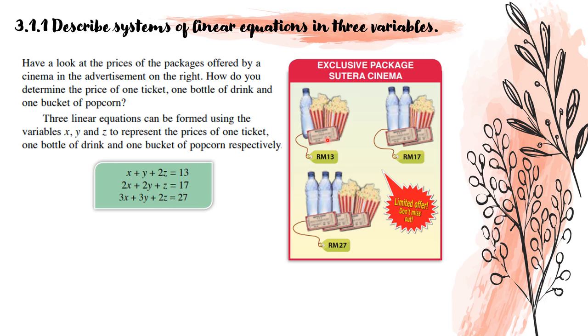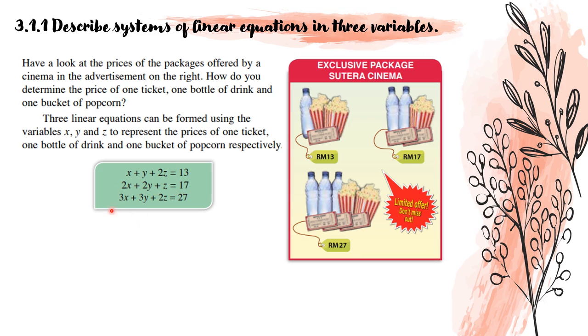Okay, so here we can see the first one, x. Since there is only 1 ticket, so 1 ticket x plus 1 bottle of drink y plus 2 buckets of popcorn, 2z, is equal to 13 ringgit. So you don't have to write RM here. Okay, and then since we have 2 tickets, so 2x plus 2 bottles of drink, 2y, plus z is equal to 17 ringgit.